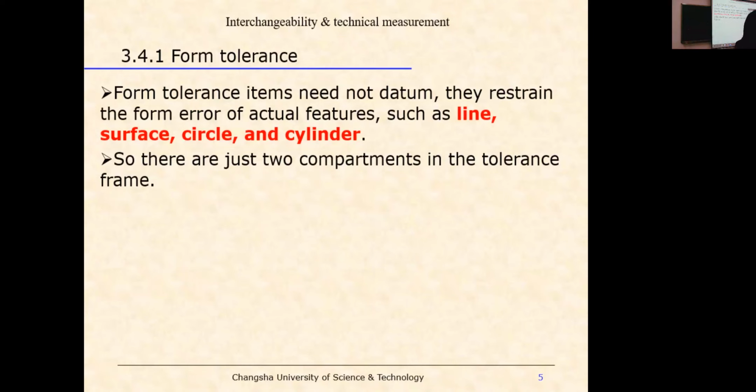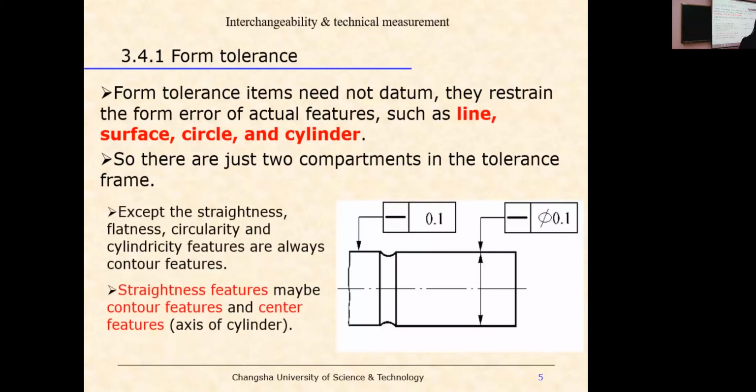So there are just two components in the tolerance frame. And in this class, the important content is how to write this frame in the drawing, how to draw the frame. Except the straightness, flatness, circularity, and cylindricity, features are always contour features.